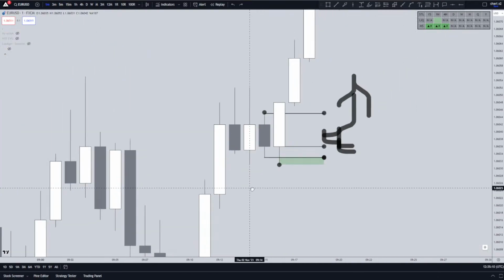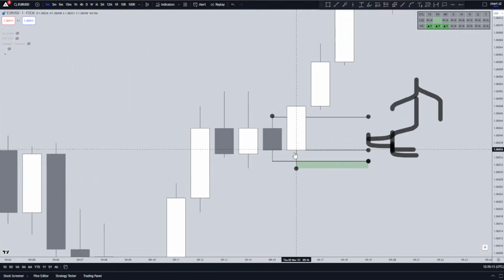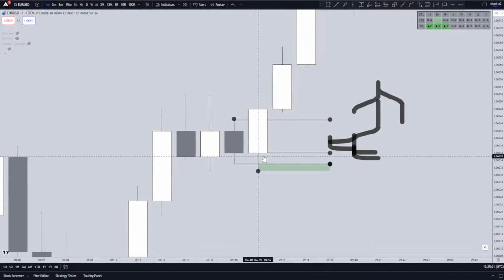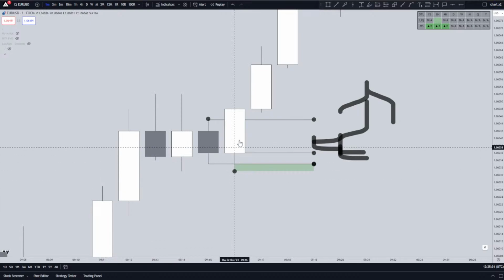But remember, you have two options for reversal. It's not always going to come and stop hunt. When it stop hunts, it gives you a heads up, because whoever bought from here up had their stop loss here, so they get taken out of the market. The market comes down, takes them out, and bang, starts to push up. But not always.